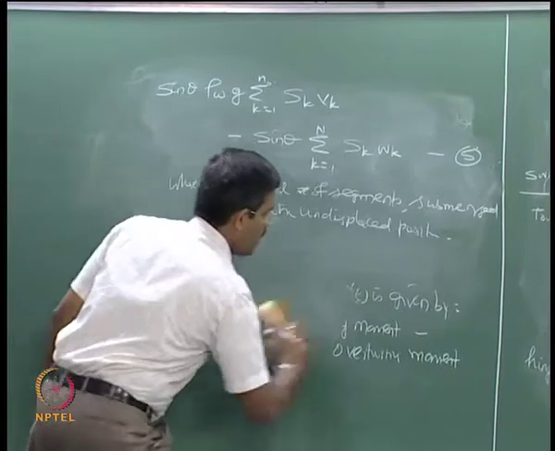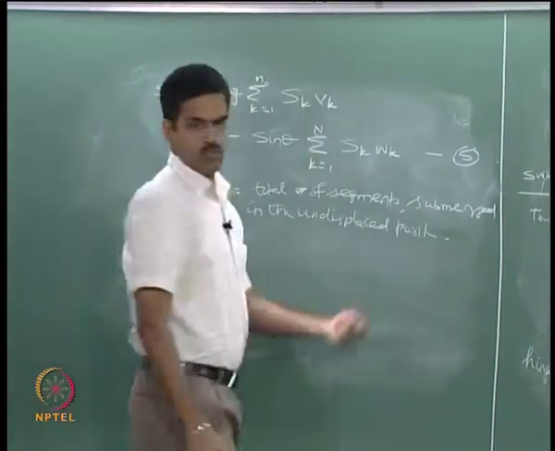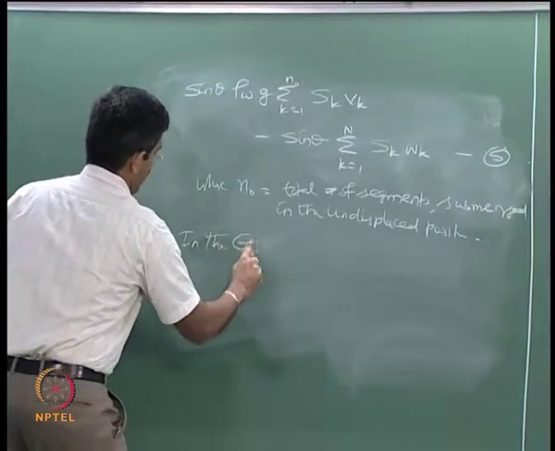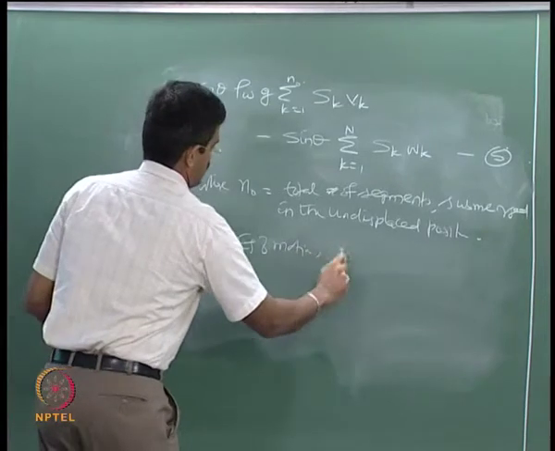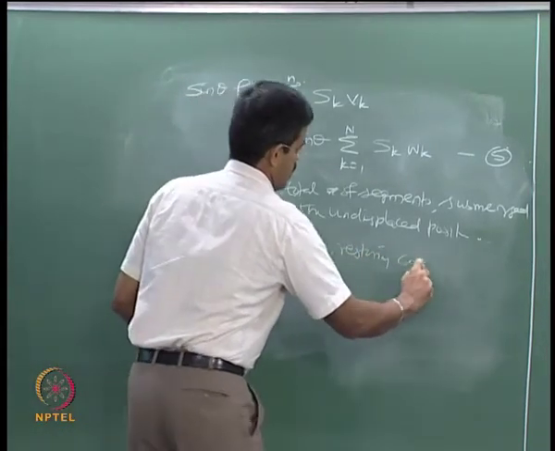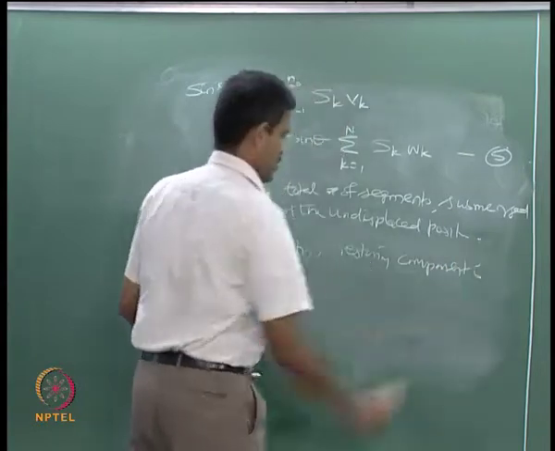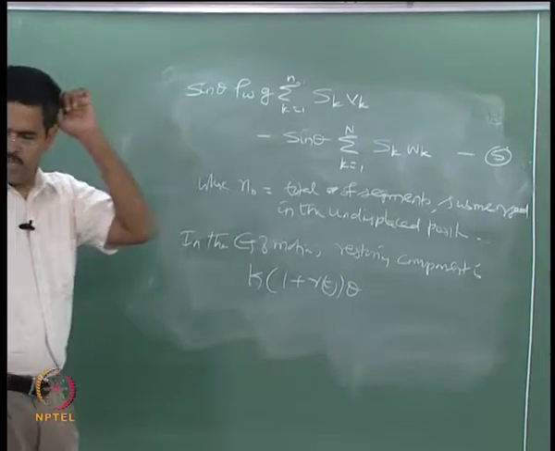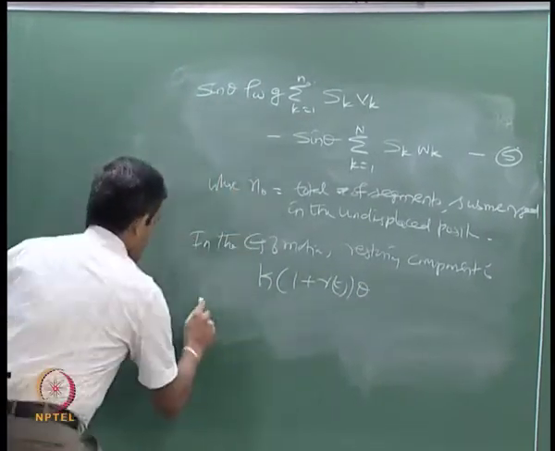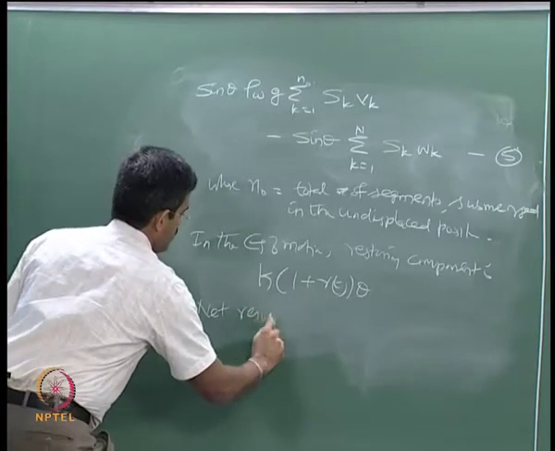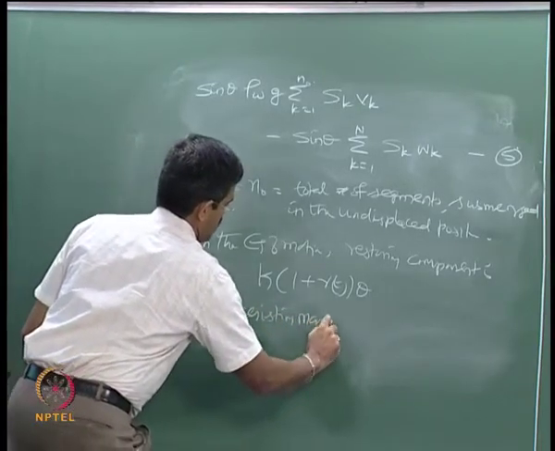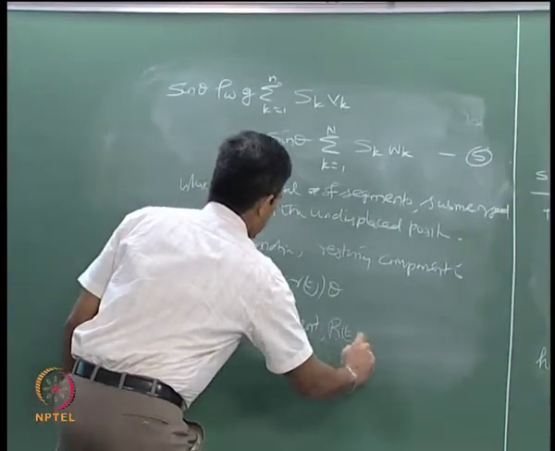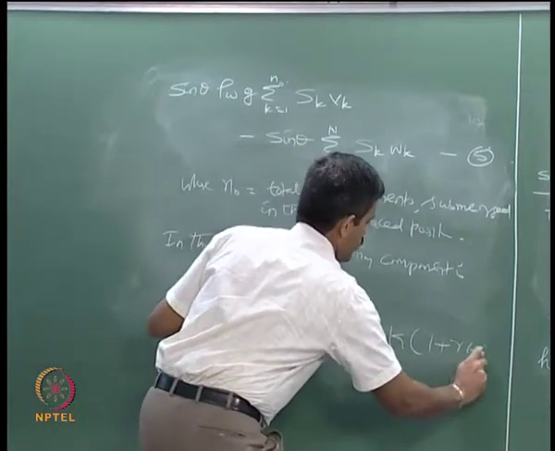Now, we all know in the equation of motion that the restoring component is given by k times of 1 plus nu of t of theta, is it not? So, I should say that the net resisting moment r of t should be equal to k of 1 plus mu of t of theta.